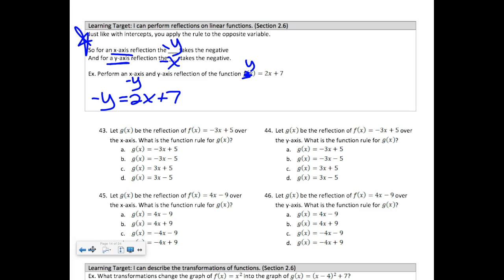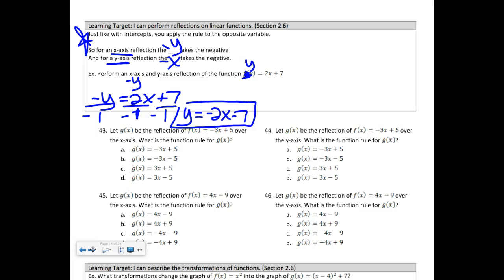To get rid of the negative, we're going to divide everything by -1. So now our y is positive, our 2x is negative, and our 7 is negative. So that is the x-axis reflection. It causes everything to flip.